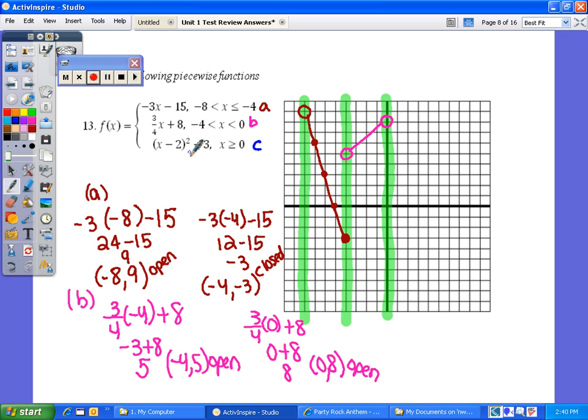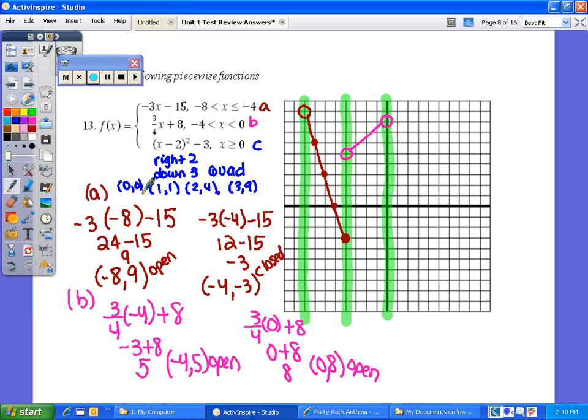And for C, I don't have a compound inequality, so I'm actually going to have to do the transformation. So the transformation, I know here, based on this, that it moves right 2 and down 3. It is a quadratic. So I know my quadratic goes 1, 1, 2, 4, 3, 9, etc., 0, 0.